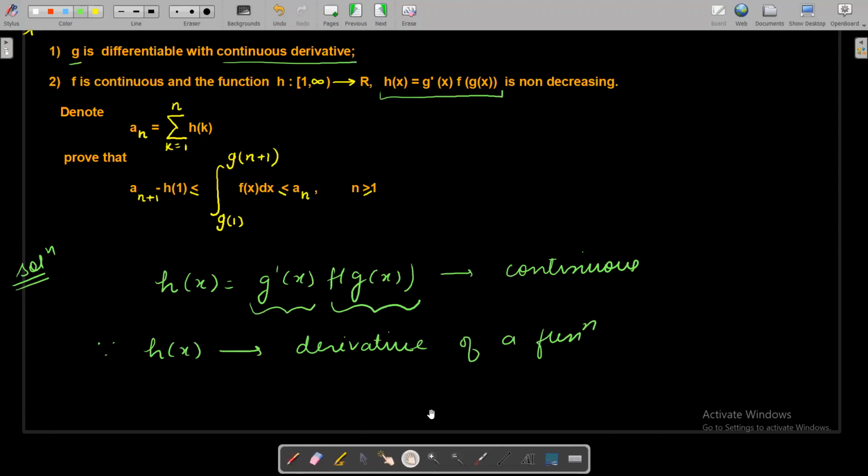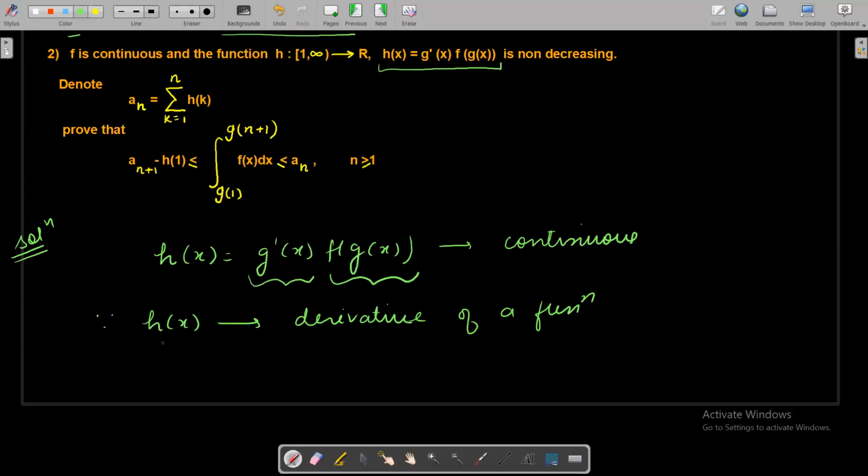You can integrate this function, and I'm just assuming that the antiderivative of this function h of x is nothing but capital F of x. So capital F of x is the integral of h of x, or you can say that F dash of x I'm assuming to be equals to h of x. So we have F of x as the antiderivative of h of x. This is what I'm taking in the question.